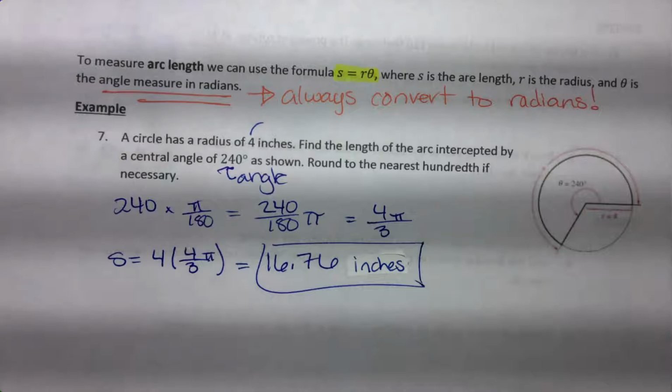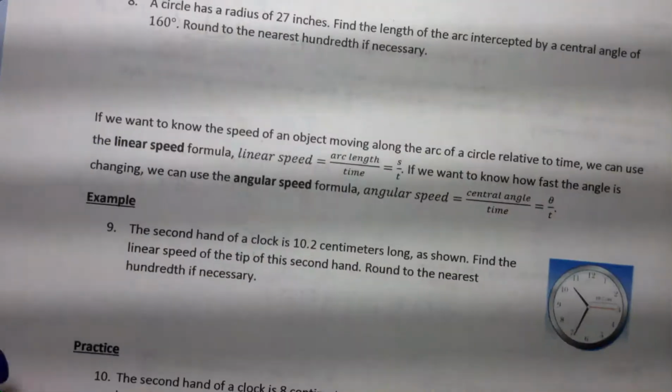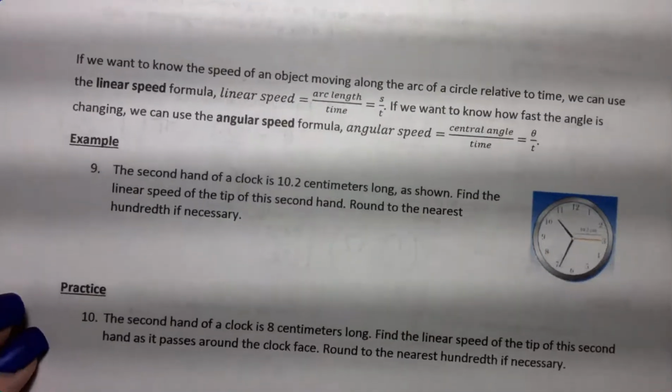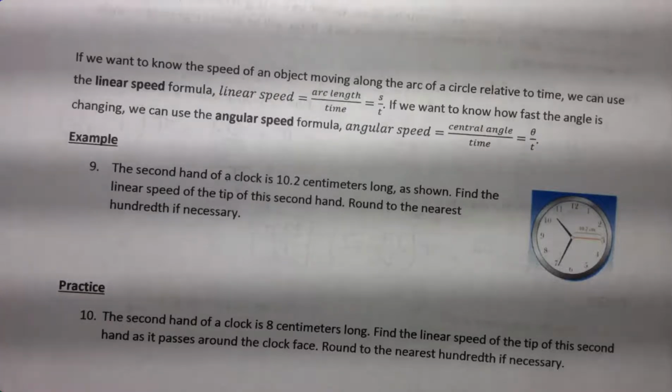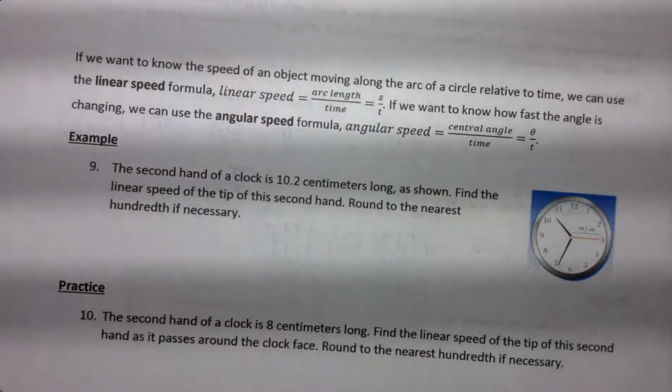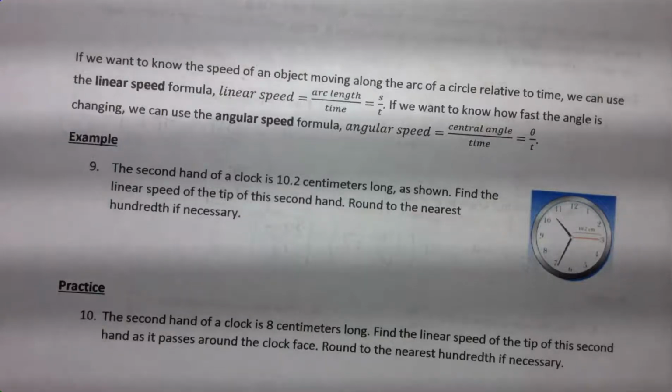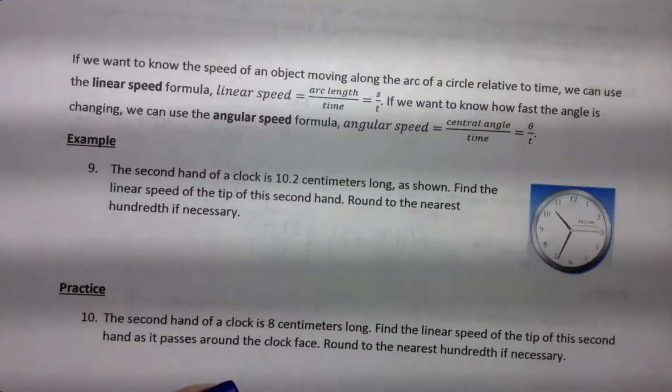So the next thing we are going to talk about is linear speed. Linear speed is measuring how fast something is moving.